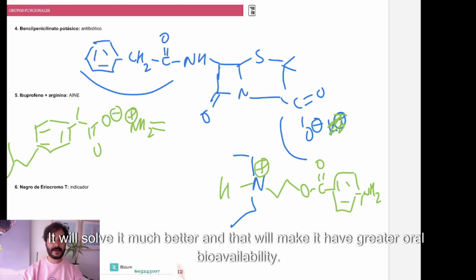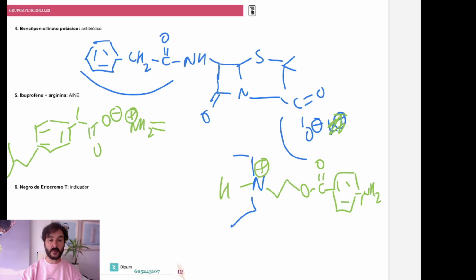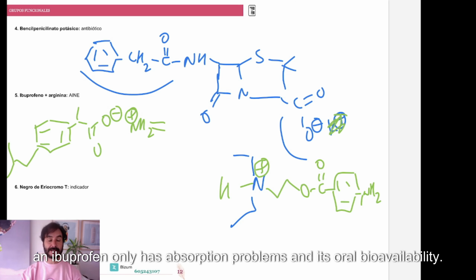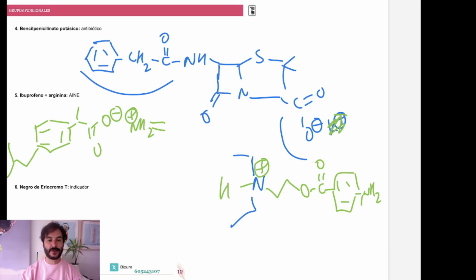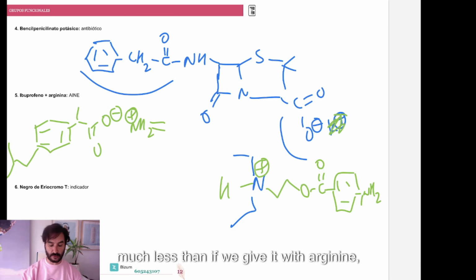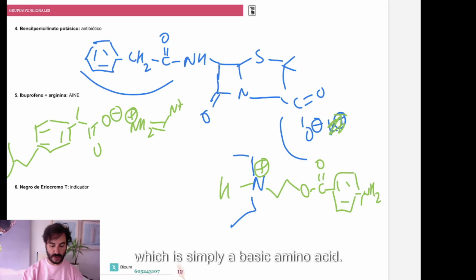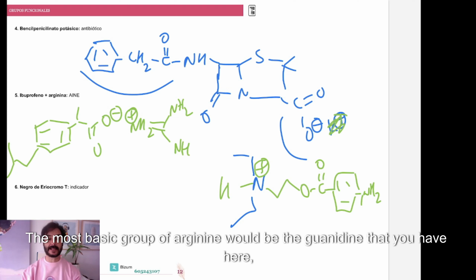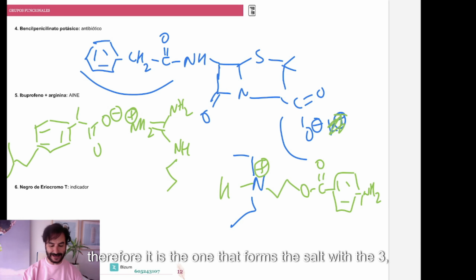It will dissolve much better, and that will give it greater oral bioavailability. An ibuprofen alone has absorption problems in its oral bioavailability: the amount and speed with which it reaches the blood is much less than if we give it with arginine, which is simply a basic amino acid. The most basic group of arginine would be the guanidine that you have here. Therefore, it is the one that forms the salt with the carboxylate.